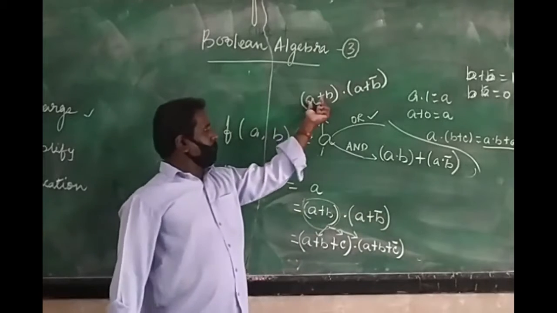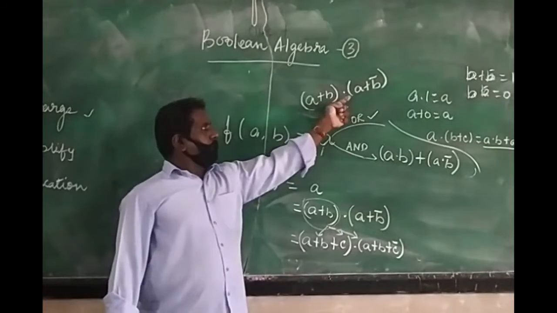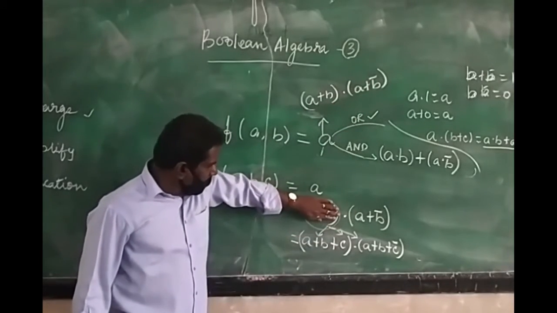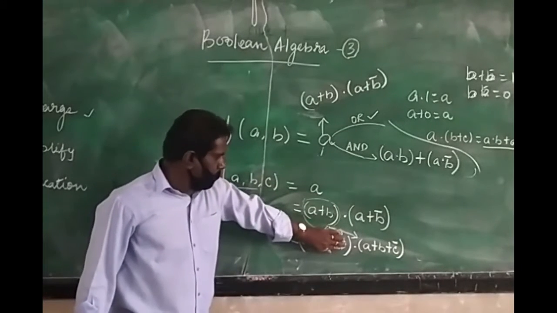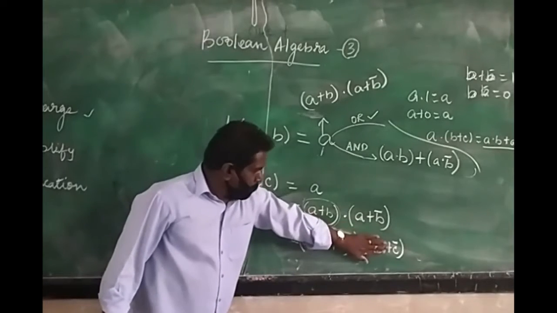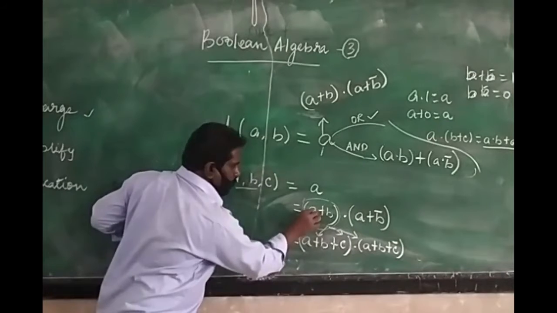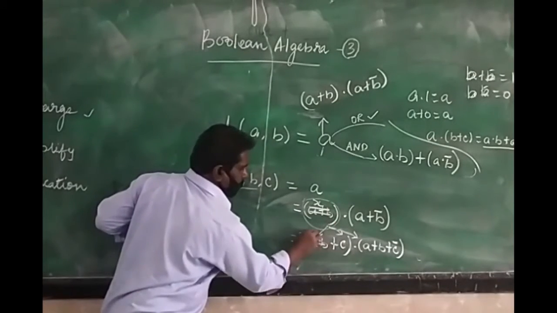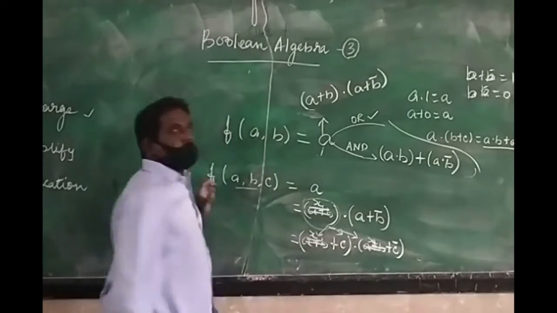Same formula. So this a plus b is considered as x, then it will come as x plus c and x plus c bar.